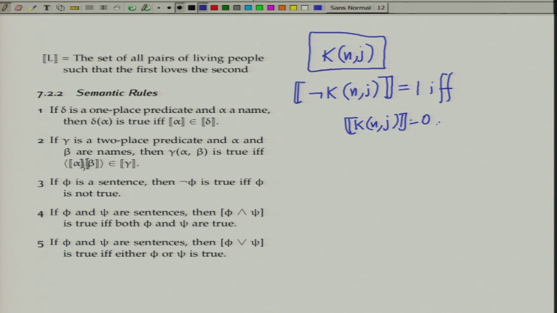We know that because this is 0, we have calculated that, the truth value of this big sentence, that is neg K n j, will be 1. This is how we determine the truth value of this sentence.